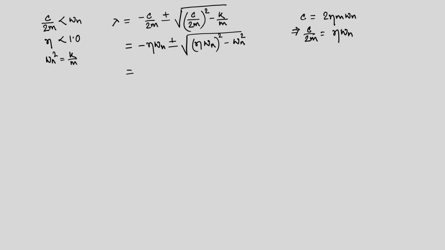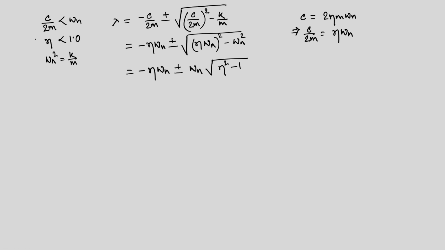So, we can take this omega n square common. So, we will have minus eta omega n, then plus minus omega n square, if I take it out of this square root, it will be omega n, then eta square minus 1.